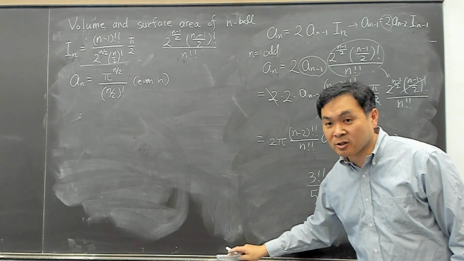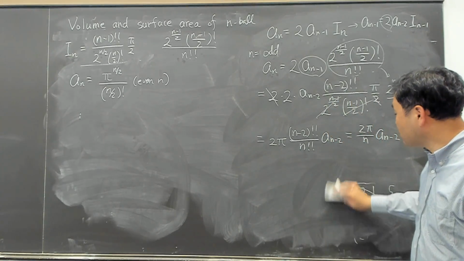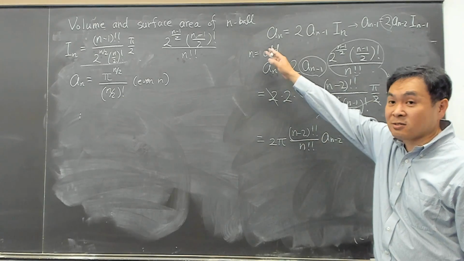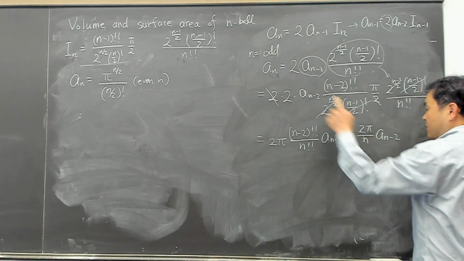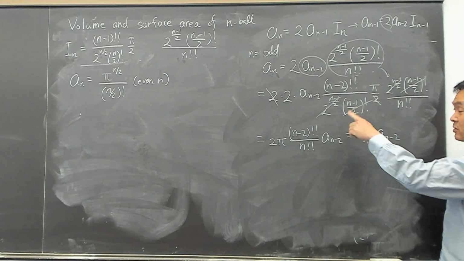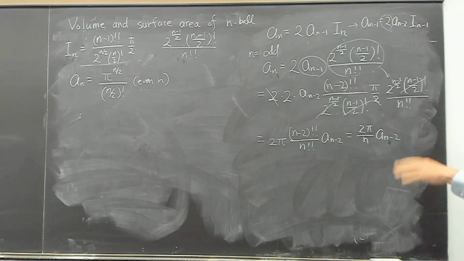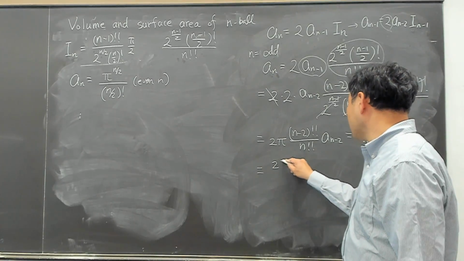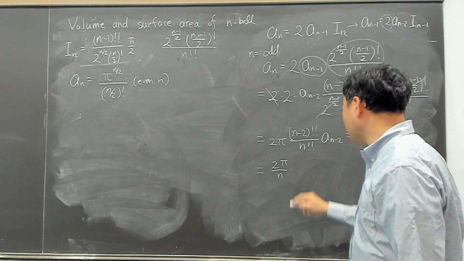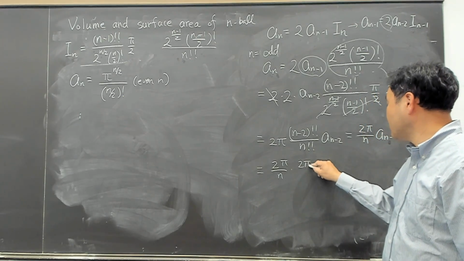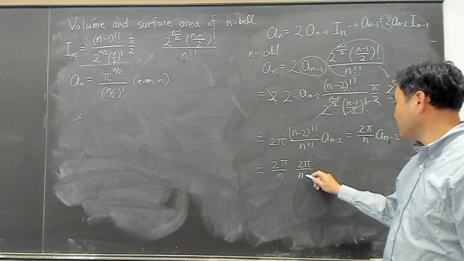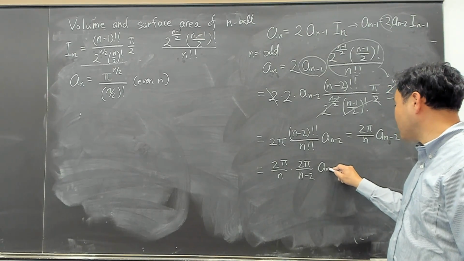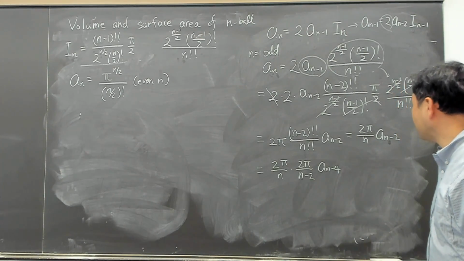So that's what you get as the recursive relation when n is odd, okay? Yeah, so if n is odd, then n minus 2 is odd again. That means I can use this recursion on itself. But in the next term, it's going to be 2 pi divided by n minus 2 times a n minus 4, right?